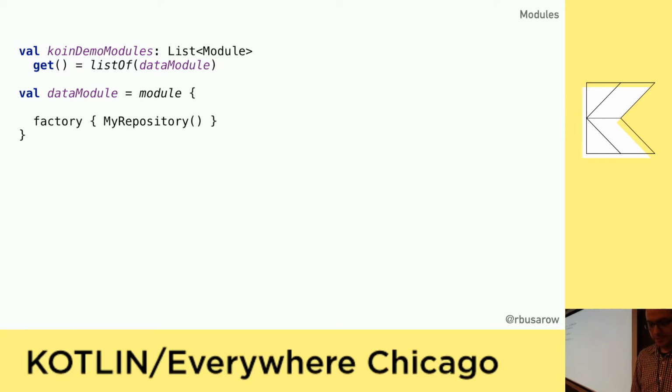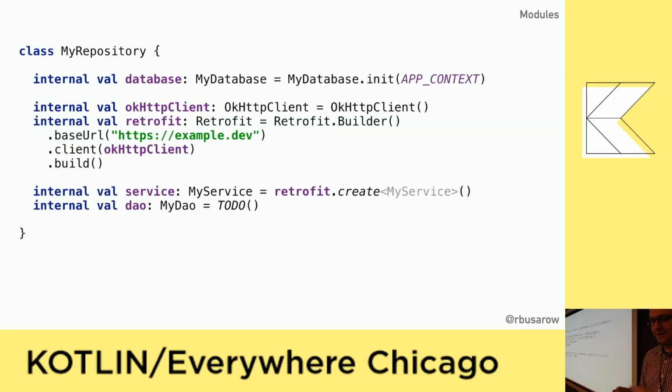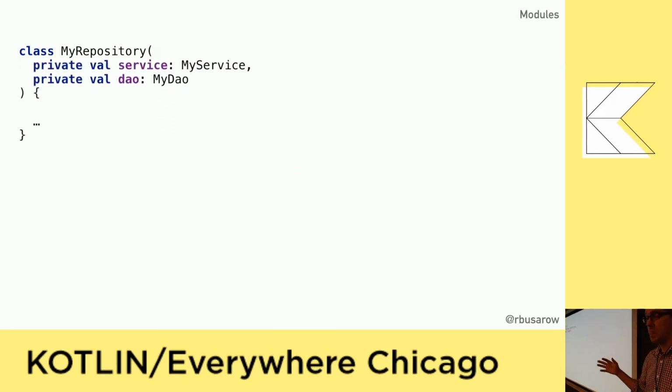So that repository, though, has dependencies, and they're currently hard-coded, right? So now we need to fix that. We can clean this up considerably by removing the hidden dependencies entirely and just taking the service and the DAO as constructor arguments. And we can make them private.